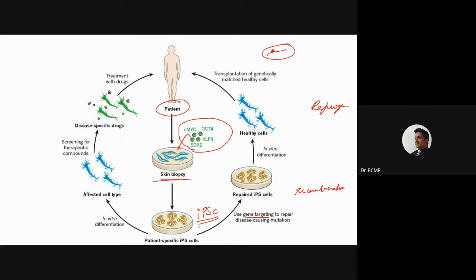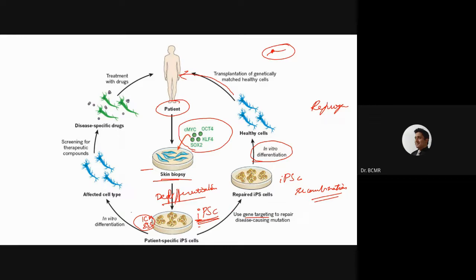So if there is a non-functional gene, we could repair the gene in the state of induced pluripotent stem cells, and then differentiate whatever cell type we want, and those cells can be given to this person. We will call this de-differentiation, because a differentiated cell is becoming something similar to the ICM or embryonic stem cell. Because they are induced artificially, we call them induced pluripotent stem cells.